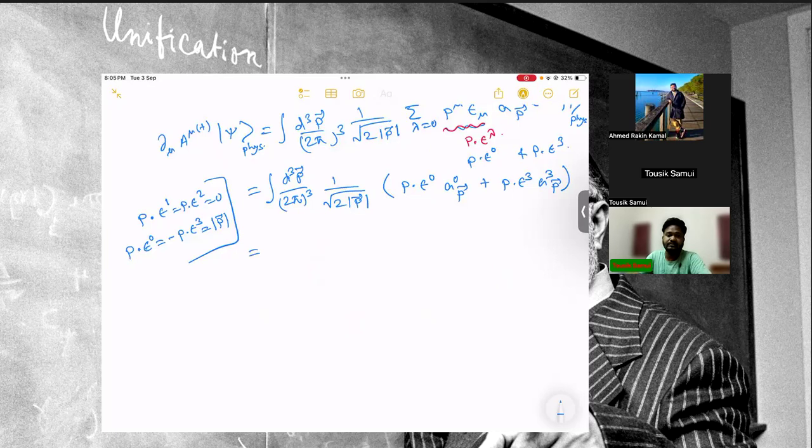If we impose that, then this is nothing but mod p, and this is nothing but minus of mod p.